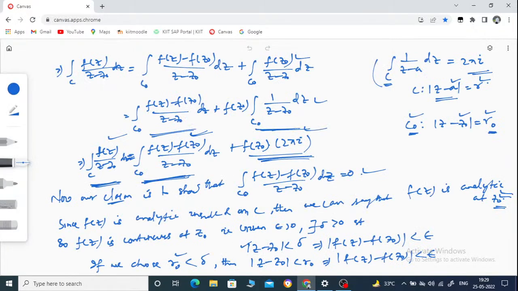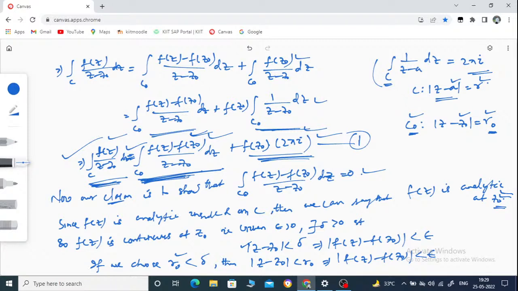Let this be my equation 1, which says that the integration over c of f of z divided by z minus z naught dz is equal to this one plus this one. Now I evaluated this one, and it is less than 2 pi epsilon.